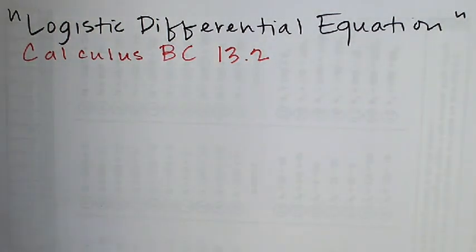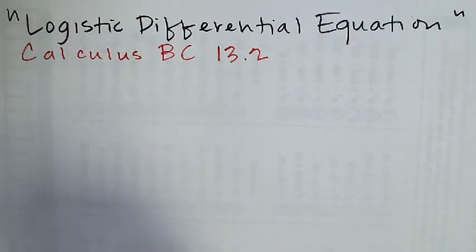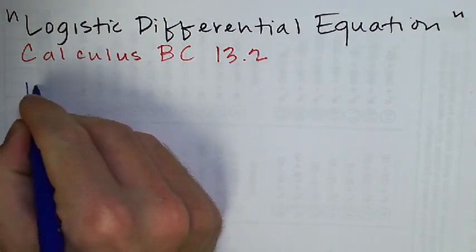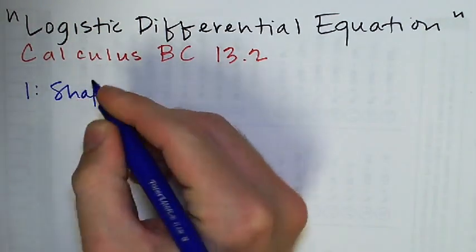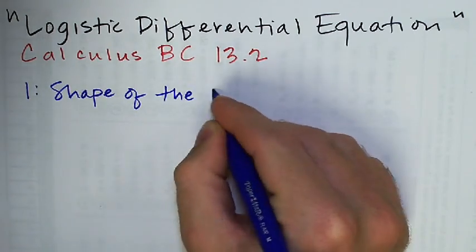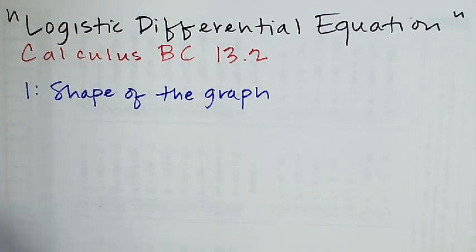Okay? So, first thing, really, in this course, there's actually only 3 things we have to know about the logistic differential equation. We need to know, first, the shape of the graph. So I'll just write shape of the graph. I think a lot of people are familiar with this type of curve because you've seen it sometimes in AP Biology or AP Human Geography, or maybe environmental science, because this shows up everywhere.